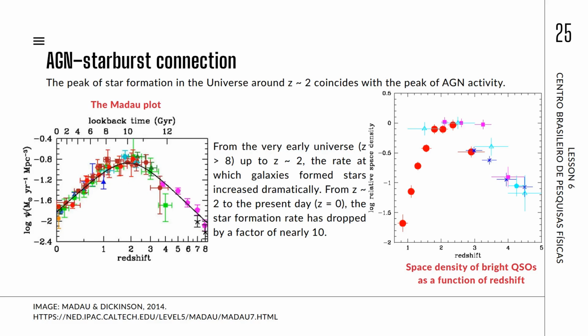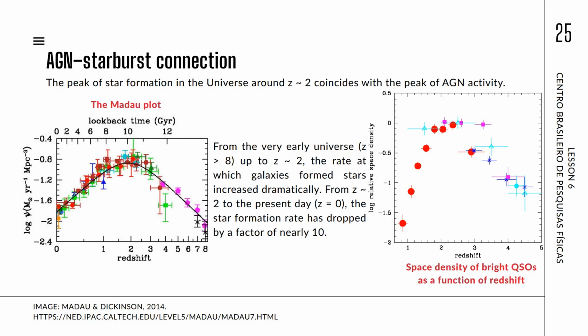There is one last thing, again kind of random, but it's the Madau plot. You heard about the Madau plot if you do cosmology. What's the Madau plot? It's across cosmic age, at redshift 2, which is the same redshift where we have a peak in the space density of bright quasars.